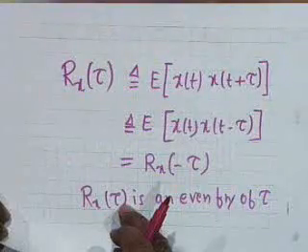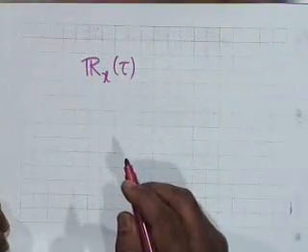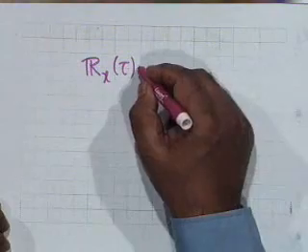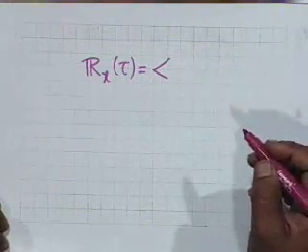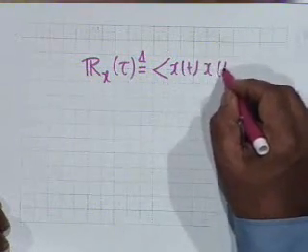Now, if the random process, in addition to being stationary, is also ergodic, then Rx of tau could even be calculated in the time domain. In general, the time domain autocorrelation function, which we shall denote by this symbol, is defined as the average over time of x of t and x of t plus tau.